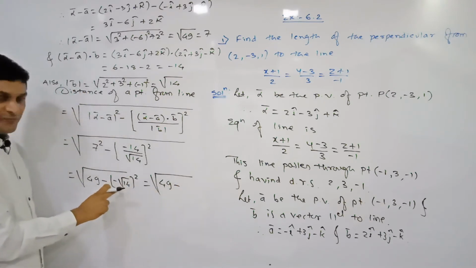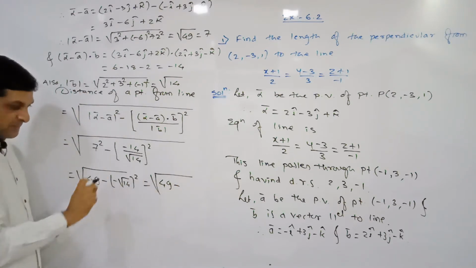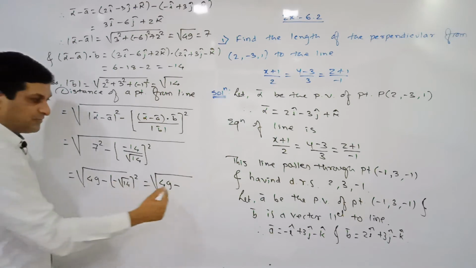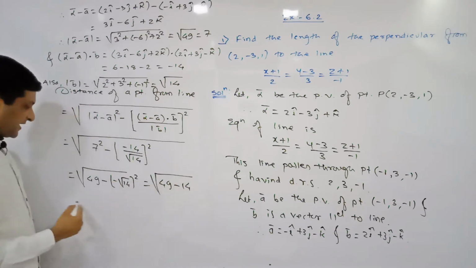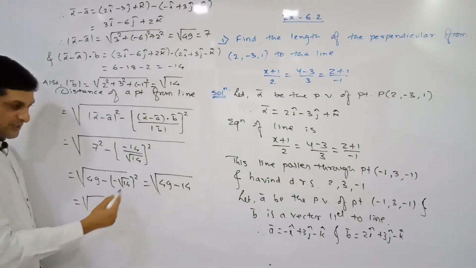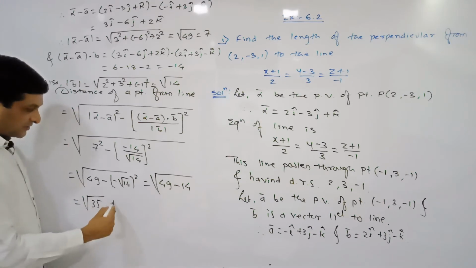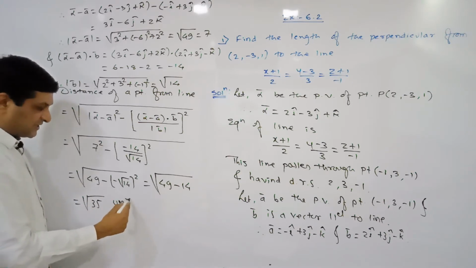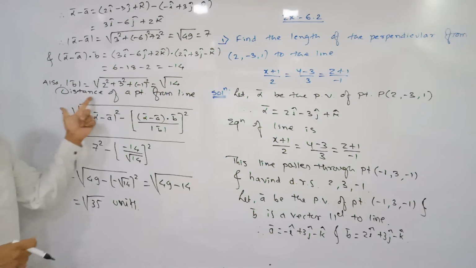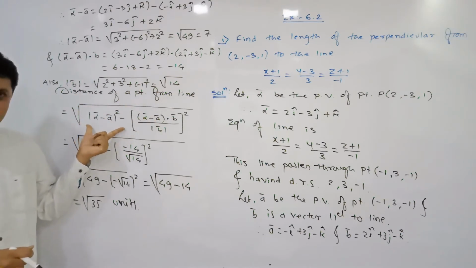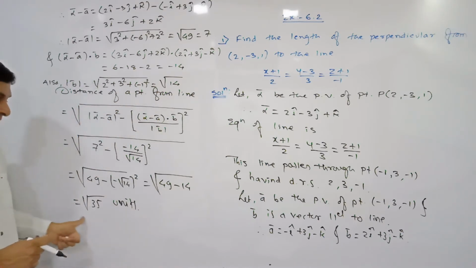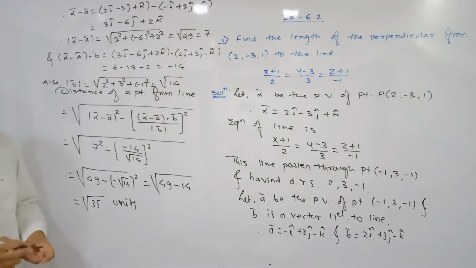What is the square of minus root 14? The square of minus will be plus, and the square of root 14 will be equal to 14. So 49 minus 14 will be equal to what? 35 units. So this is nothing but what? Distance. The distance of a point from the line can be found by applying this formula. So in this way we have got the distance of a point from a line.